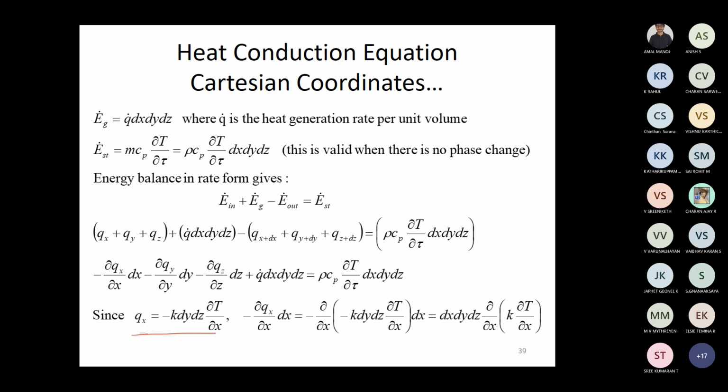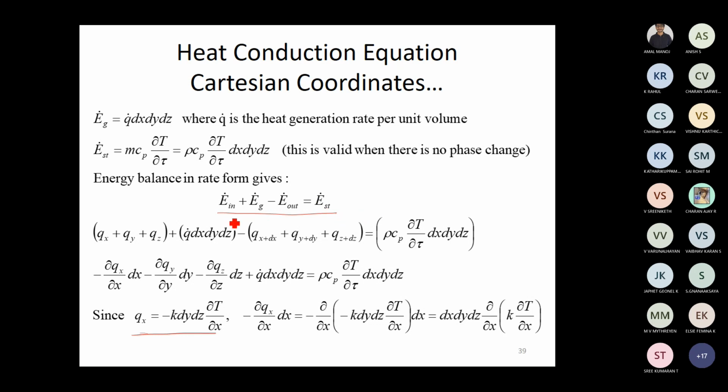So those things we have taken care of, and we have used this general energy balance equation. Energy in minus energy out gives the net heat energy entering, and then E dot G is the energy generated, and E dot ST stands for storage or accumulation. So this is the energy stored.